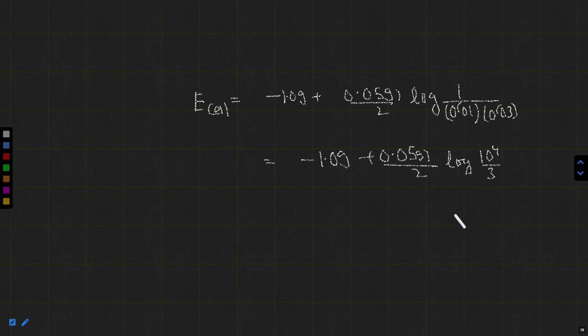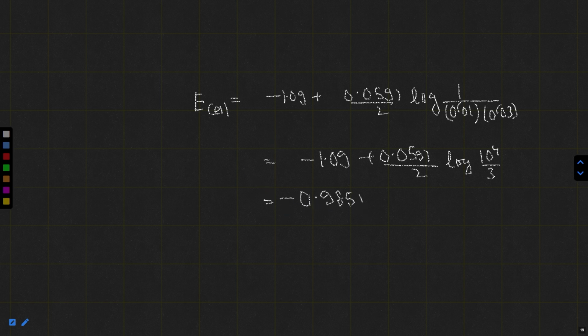So we have divide by 3. We will take a log of it and multiply it by 0.0591. Divide by 2 again and subtract 1.09. So that will give you a value of minus 0.98.